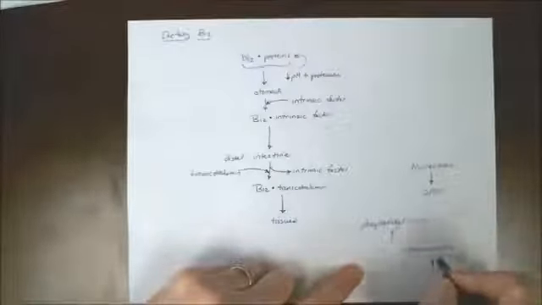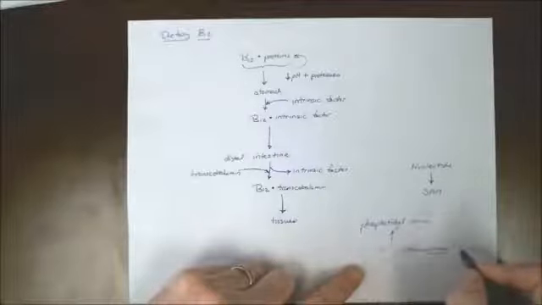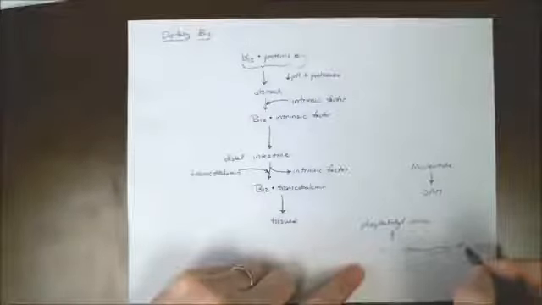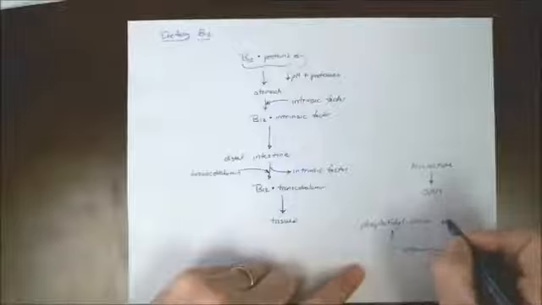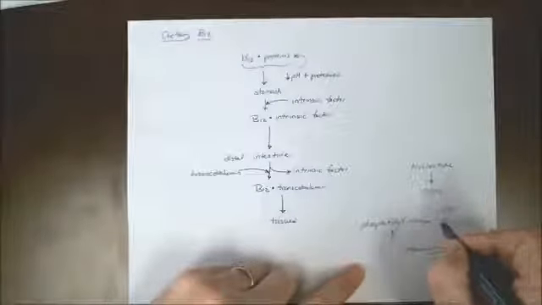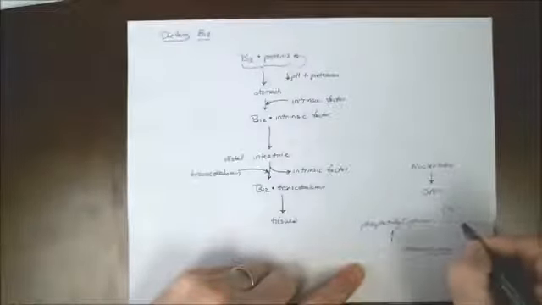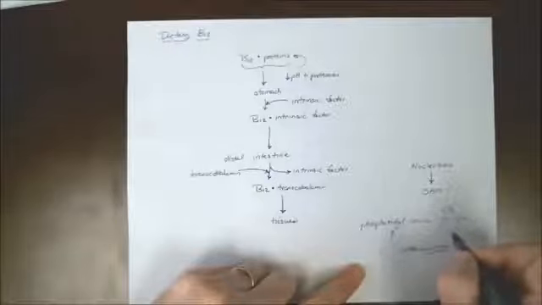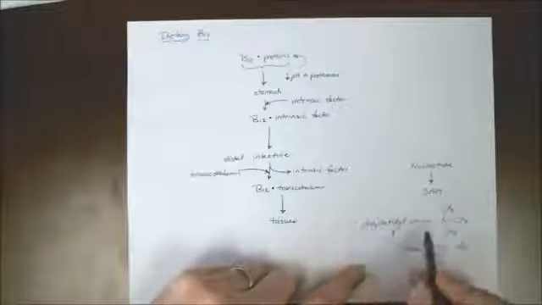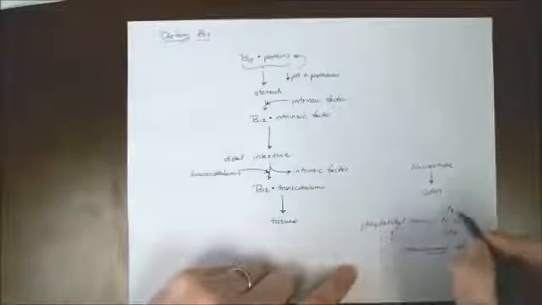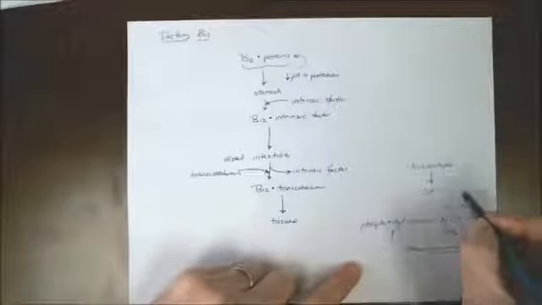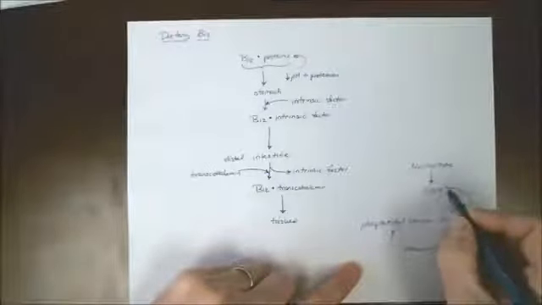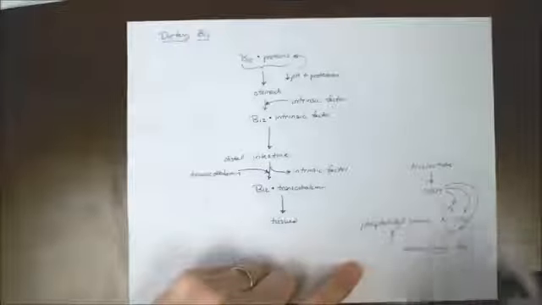Remember that ethanolamine, this amine, is a primary amine, and this choline has now 3 methyl groups on the end of it to form this glycerophospholipid. Each one of these methyl groups comes from an individual SAM addition.